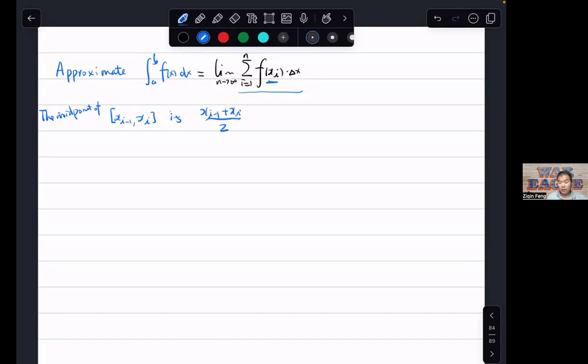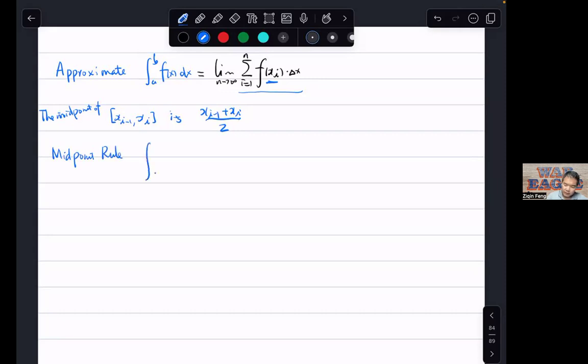That will give you a better approximation. This is called the midpoint rule. Depending on the function, in the majority of cases, with the number n fixed, this gives you a better approximation.